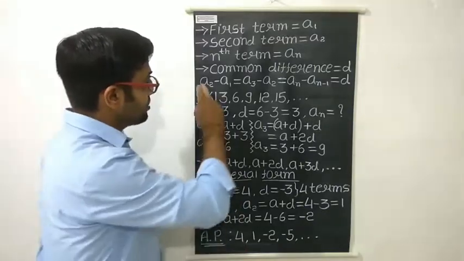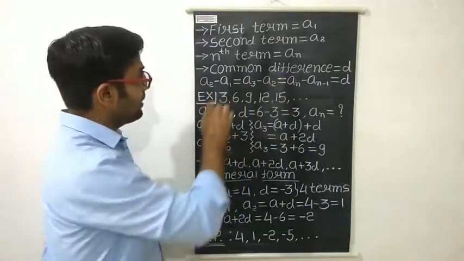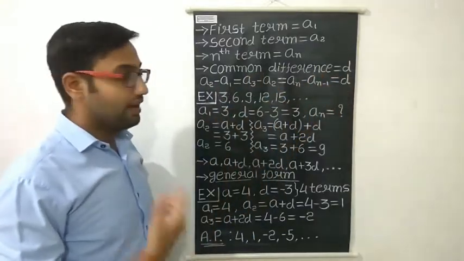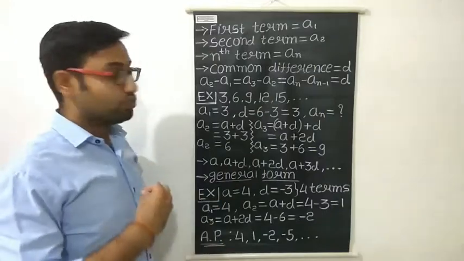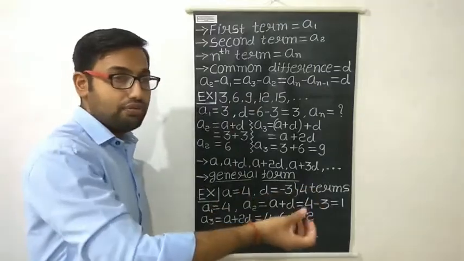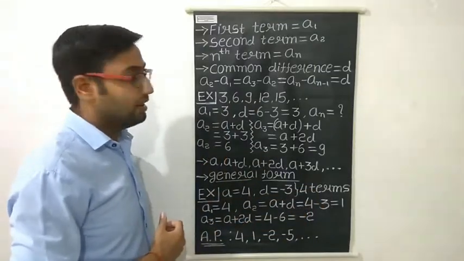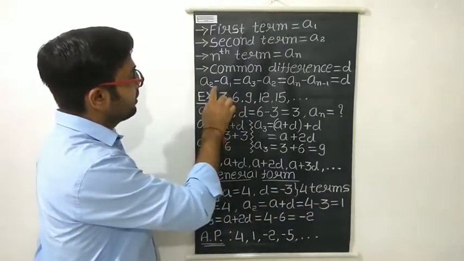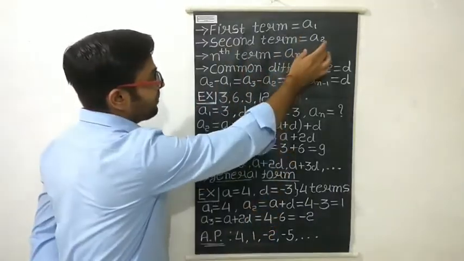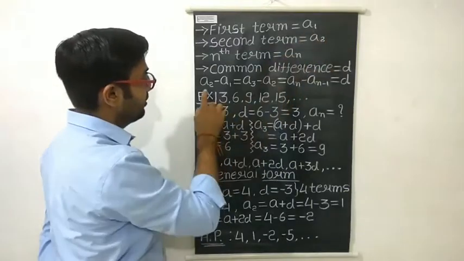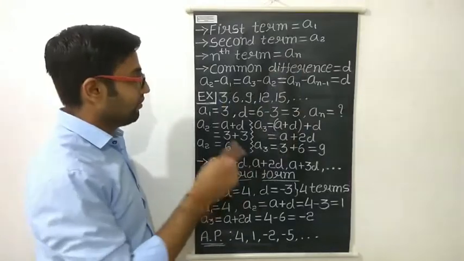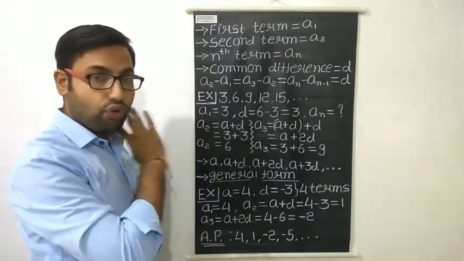Now we know what the common difference is. If we denote the common difference by the letter D, then what will happen? The common difference is obtained by subtracting the previous term from the successive term, right? So if our first term is A1 and second term is A2, then by subtracting A2 minus A1, we get the common difference D. This difference remains the same for all other terms.